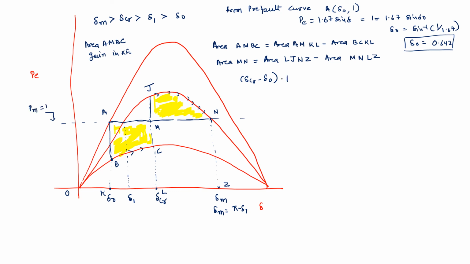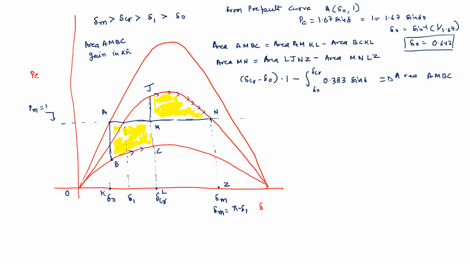So I multiplied it with 1, minus the area under the during-fault curve between delta CR and delta naught, 0.383 sin delta. This corresponds to area AMBC. Likewise, this area MN is also calculated.